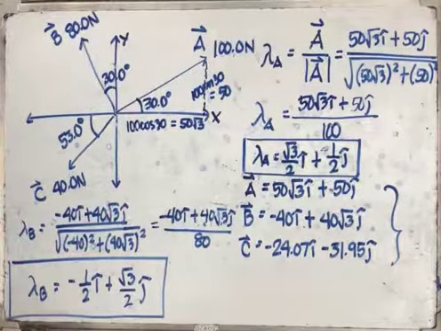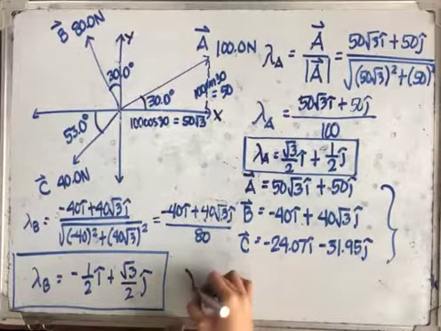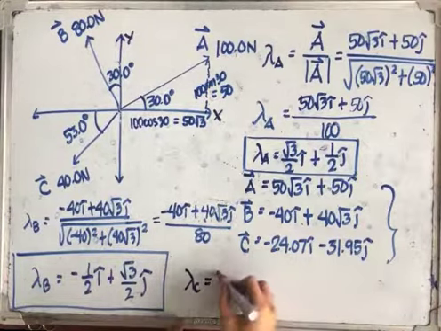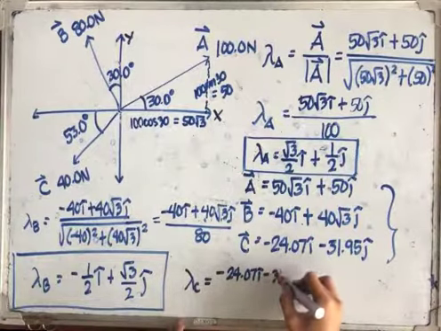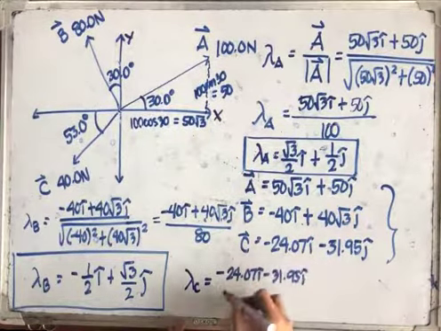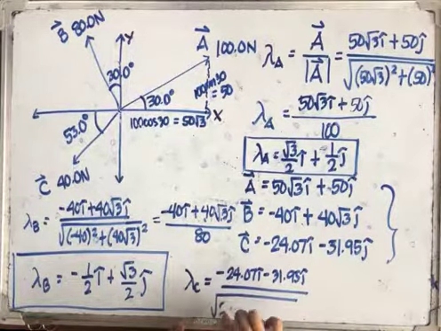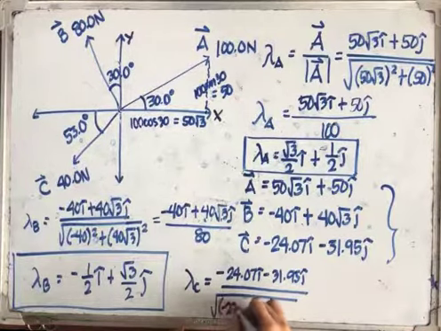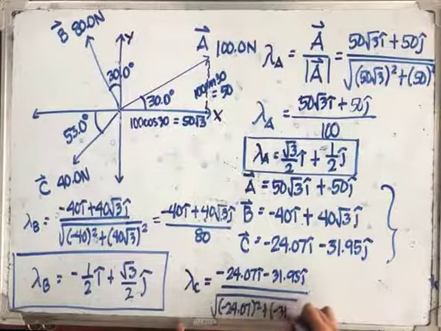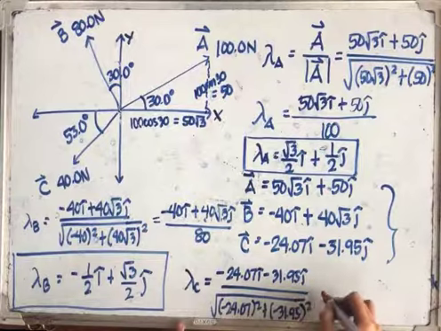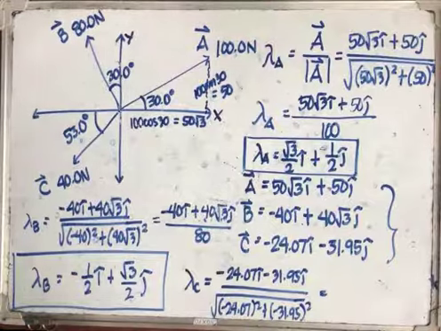Okay? You do the same for C. For C naman, we do the same. So you have negative 24.07 I hat minus 31.95 J hat divided by the magnitude. Okay, that's negative 24.07 squared plus negative 31.95 squared. Siguro, diretsuhin ko na lang sa final answer since wala na tayong space.